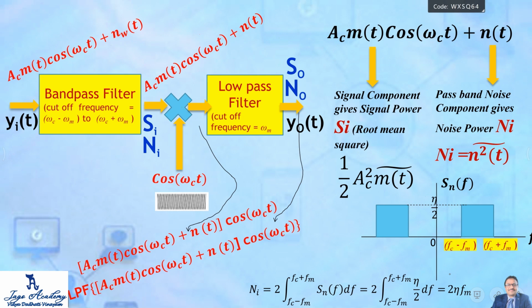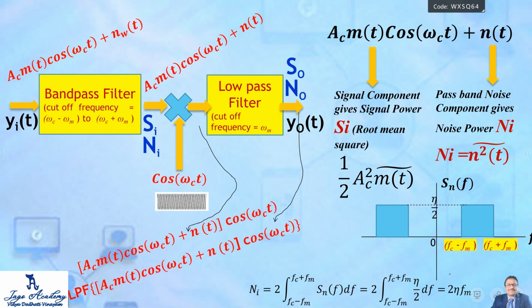I have already explained this in my previous video, the second video. So you get Ni, the input noise power, as 2 into theta into fm. Understood this? What did you get now? Tell me.